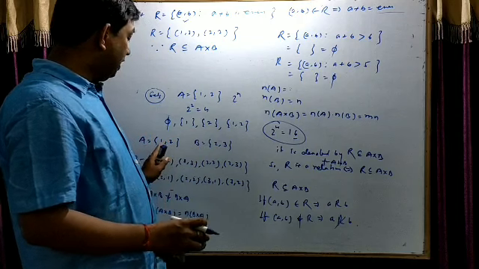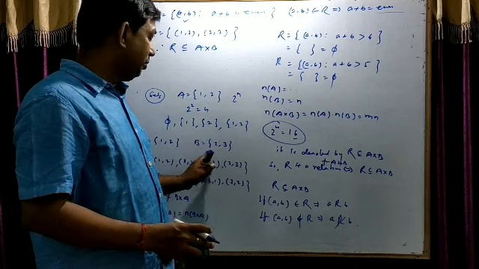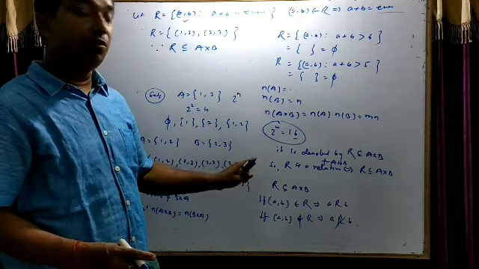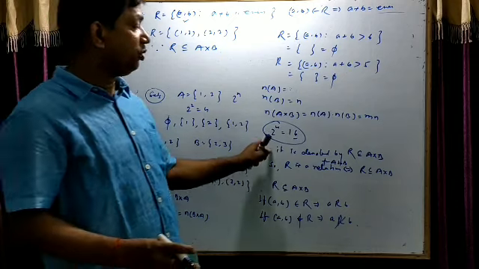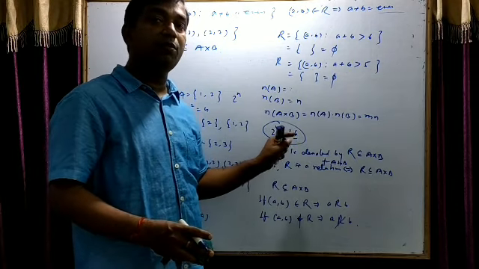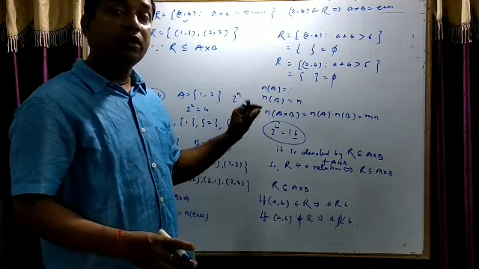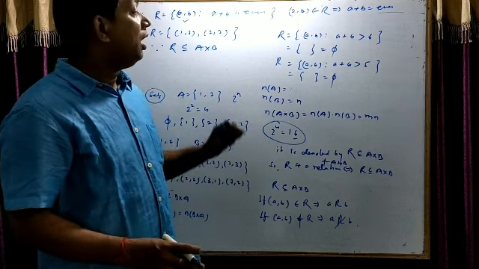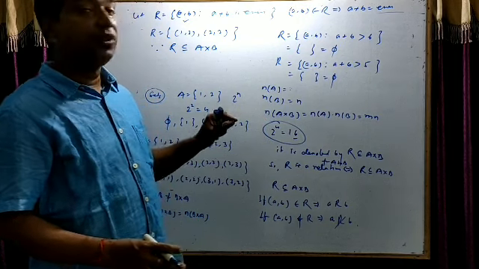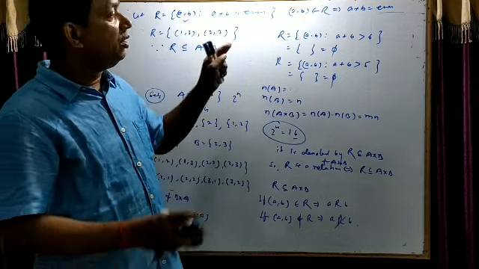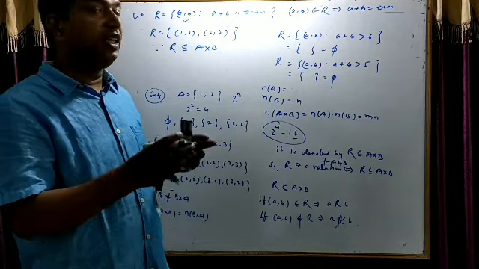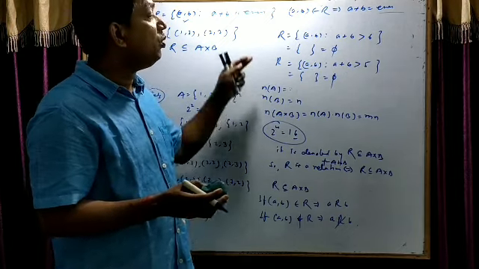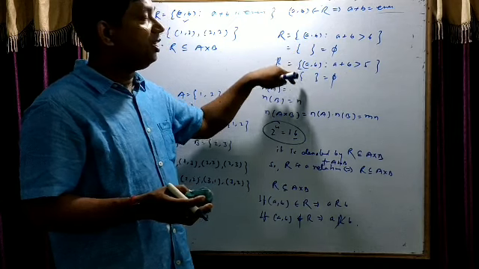If this set contains 2 elements and this set contains 2 elements, A cross B contains 4 ordered pairs, which means 2 to the power 4, that is 16 possible subsets. From those 16 subsets we can take different types of definitions, but the output is always 16.